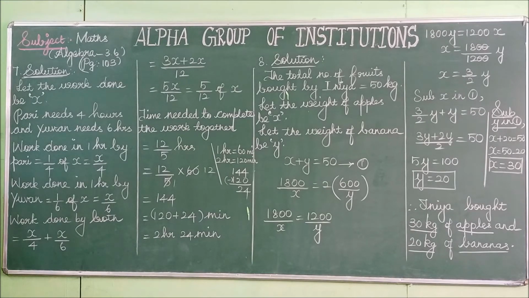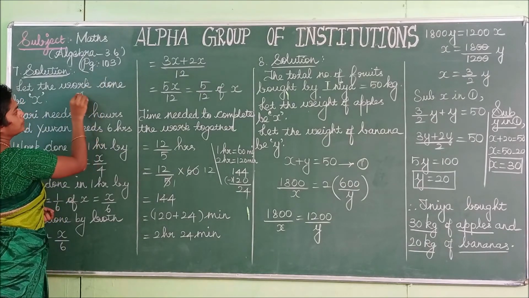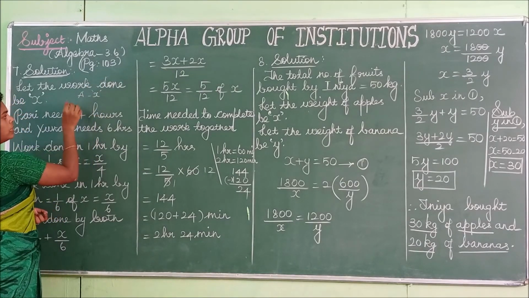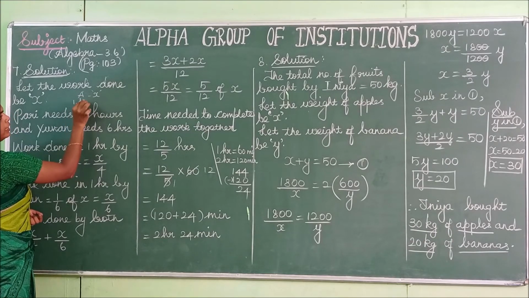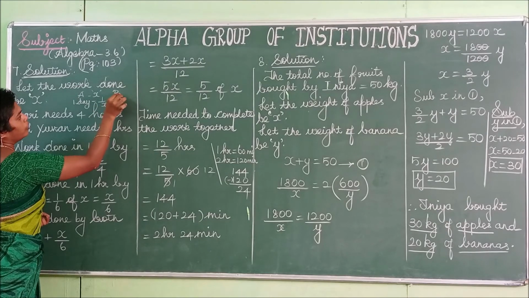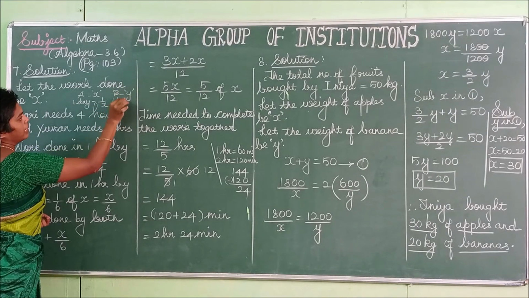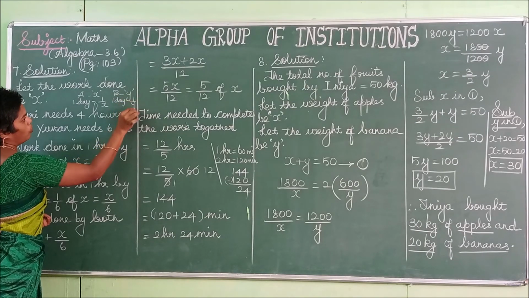A can complete the work in x days. So if A, we don't know who that is, can complete one work in x days, his 1 day's work can be written as 1 by x. Similarly, B can do a work in y days means his 1 day's work can be written as 1 by y.